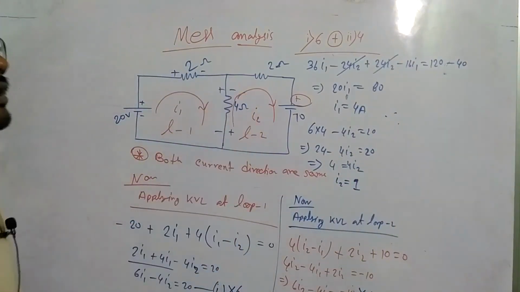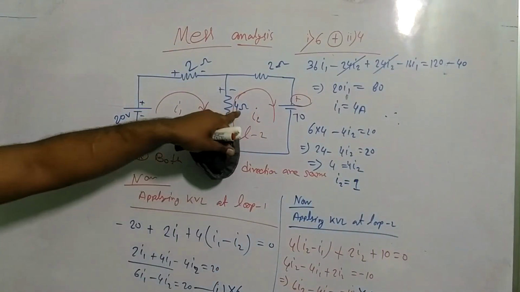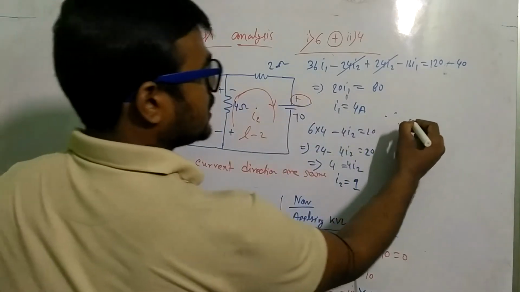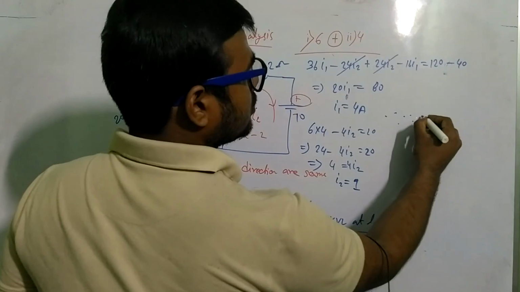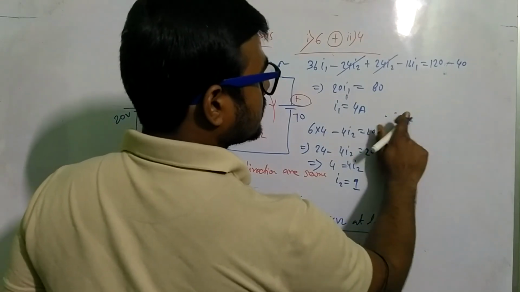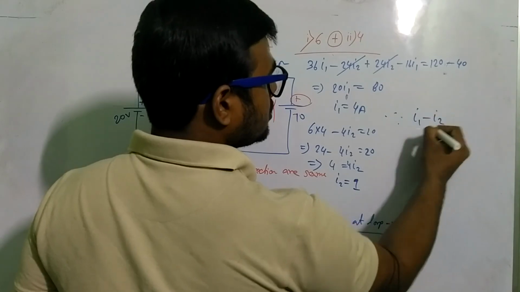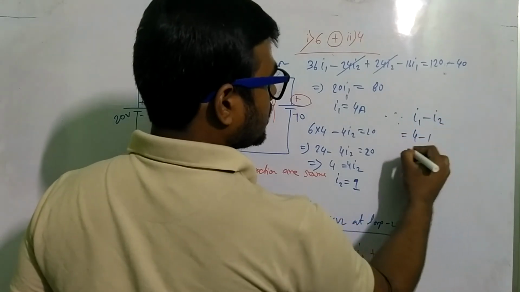What is the current through the 4 ohm resistance? It is I1 minus I2, that is 4 minus 1, which is 3.